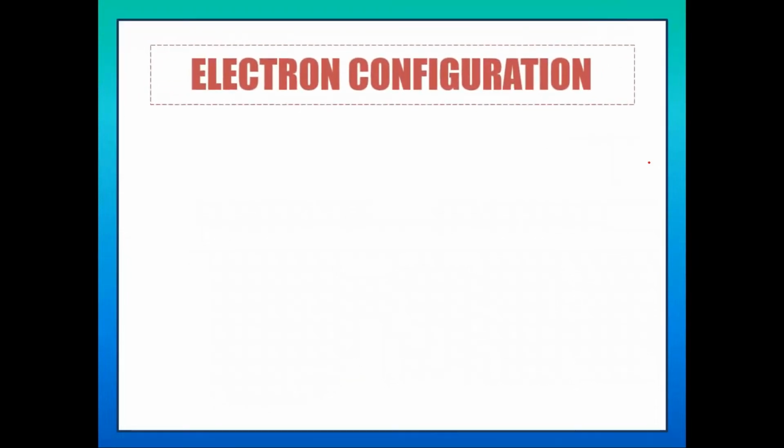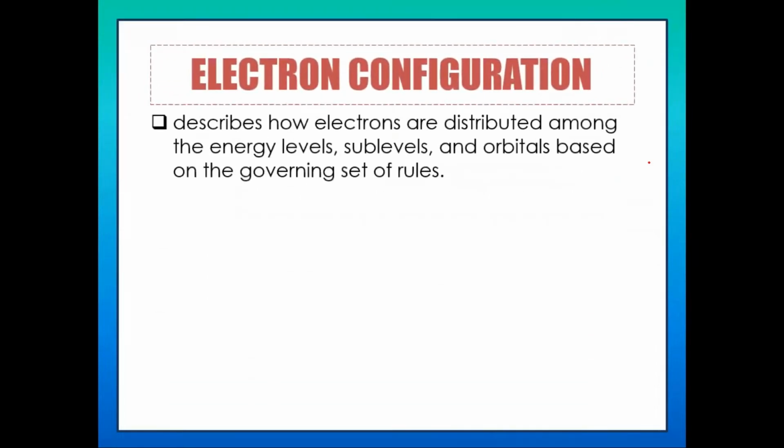Now, electron configuration will help us describe how electrons are distributed among the energy levels, sublevels, and orbitals based on the governing set of rules.